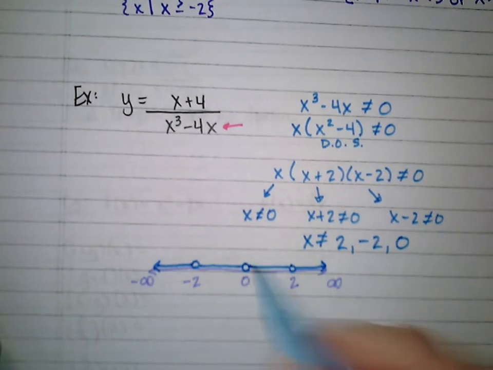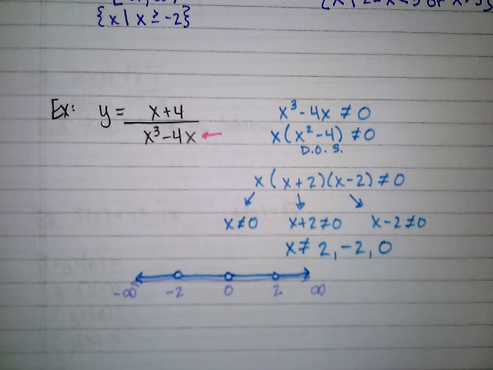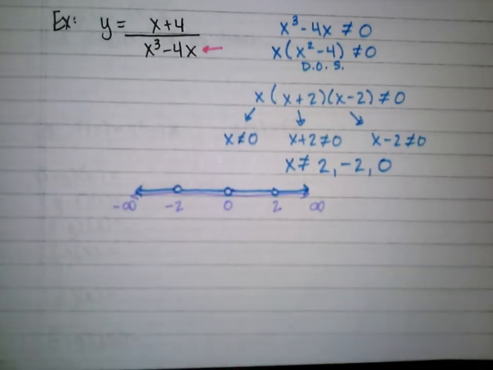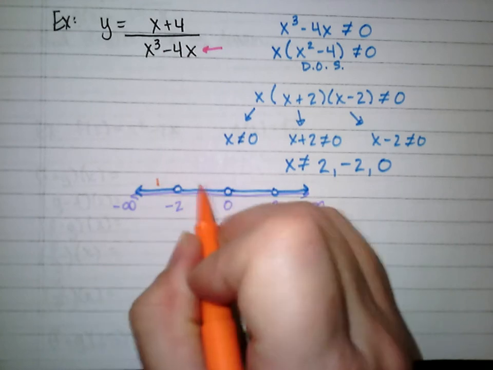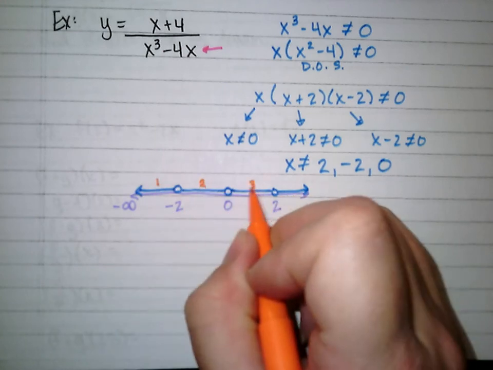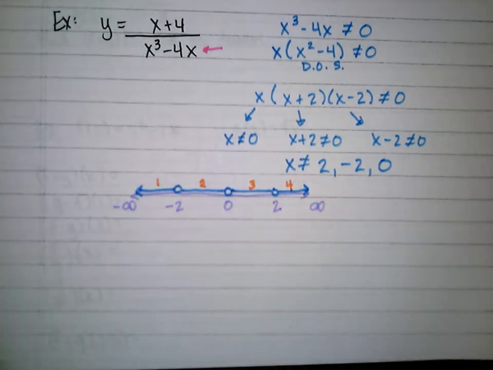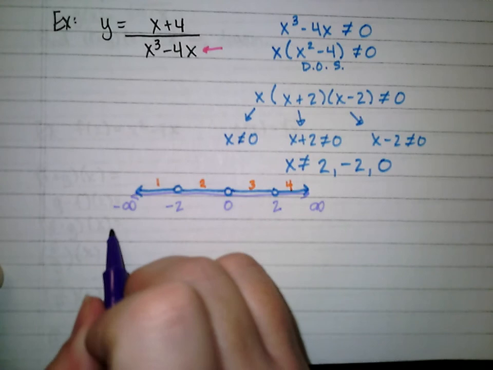This is where things get a little bit complicated in interval notation, and people tend to forget some of the intervals. Just remember that each time you see a shaded section, you need to have a separate interval. So I have 1 shaded section, 2 shaded sections, 3 shaded sections, 4. So 4 shaded sections means I need 4 intervals for my domain.